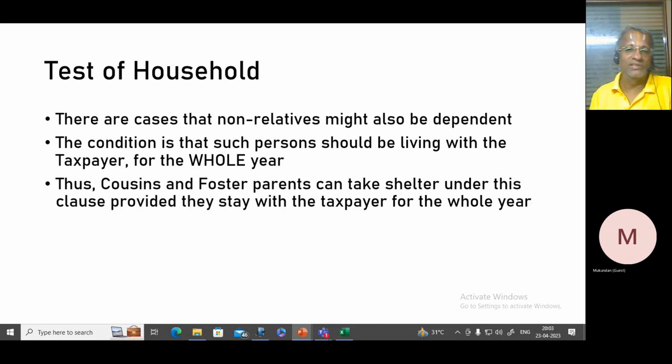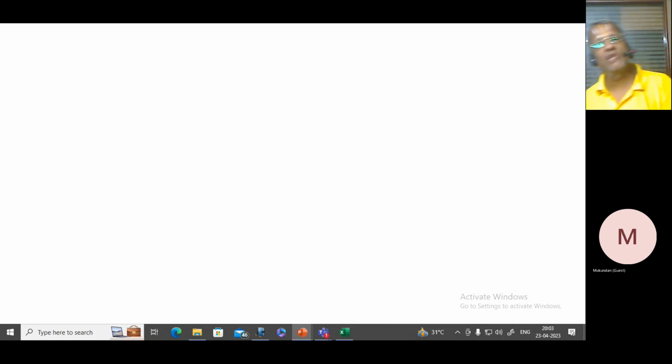Thus, cousins and foster parents can take shelter under this clause, provided they stay with the taxpayer for the whole year. Are you clear, all of you?